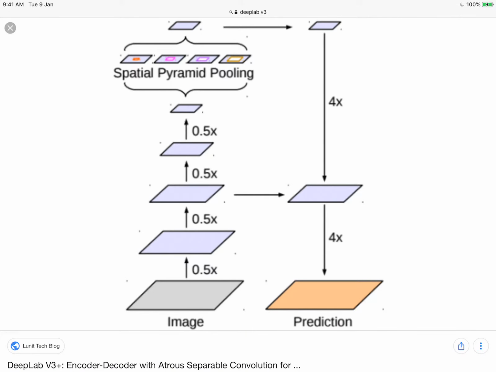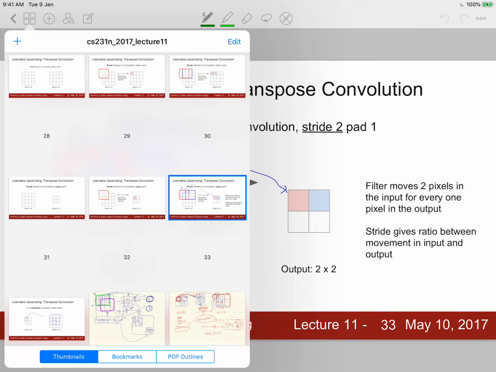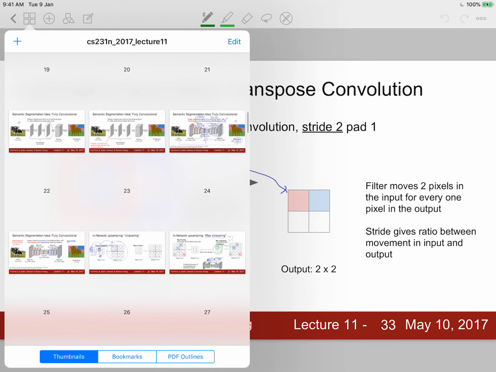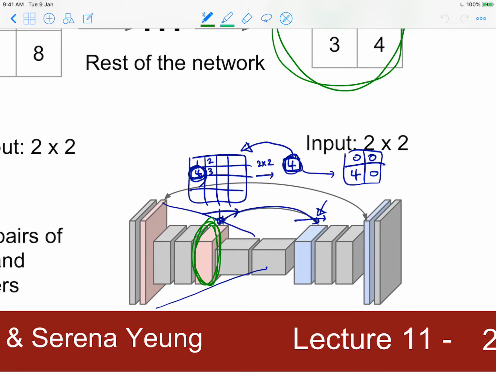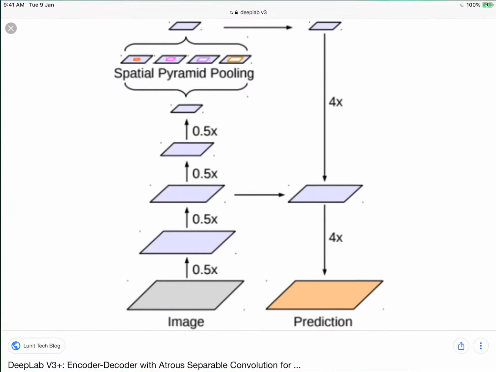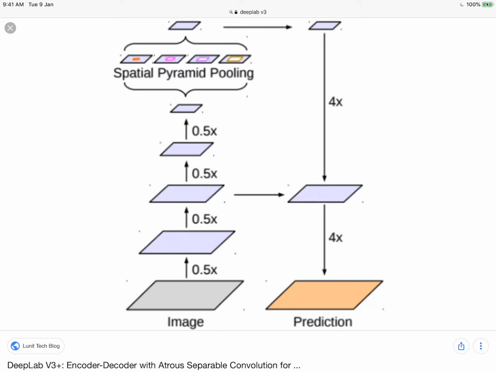In this DeepLab, there is an interesting module called pyramid pooling or multi-scale convolution. It is quite an interesting concept. But anyways, I'm going to give you some idea: if we do semantic segmentation, the network architecture is exactly this kind of encoder-decoder architecture. In this figure, the left part is the encoding part.